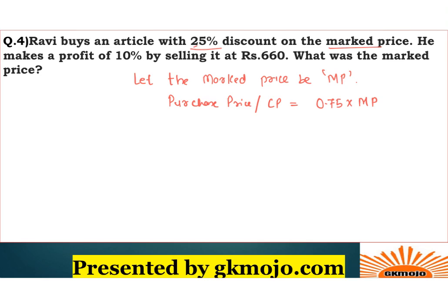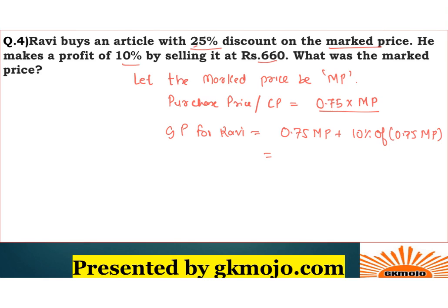And now he sells it at rupees 660 and still makes a profit of 10%. All right, so the selling price for Ravi is equal to this 0.75 of MP, correct? Because this was his cost price, plus he made a 10% profit on it, so 10% of this 0.75 into MP, correct?